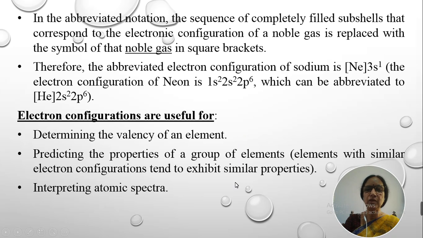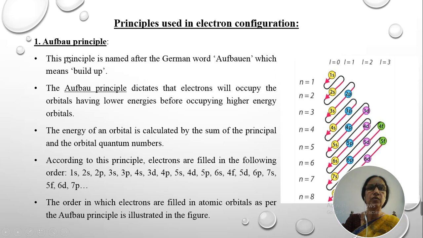Usually electronic configurations are written based on 3 principles. One is the Aufbau principle, another one is Pauli's exclusion principle, and Hund's rule. Let us understand in brief what the Aufbau principle is. The term Aufbau belongs to German, and the meaning of this is build up.